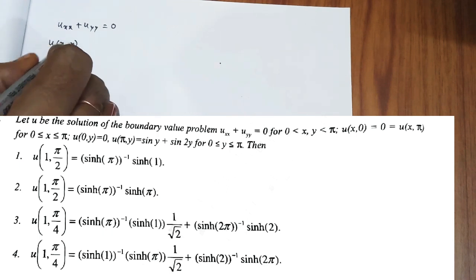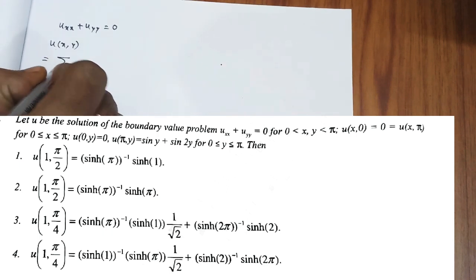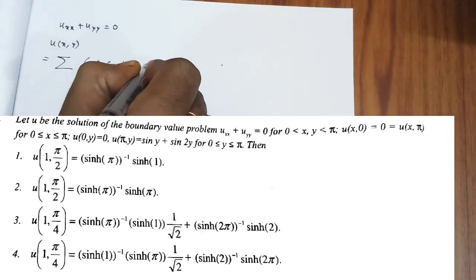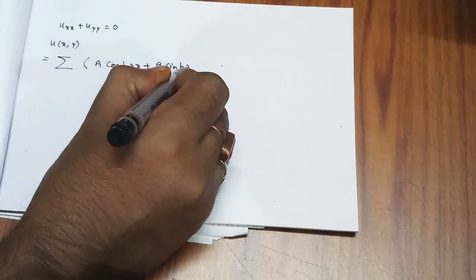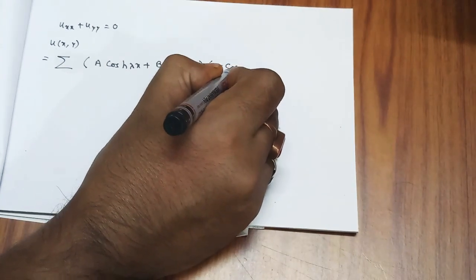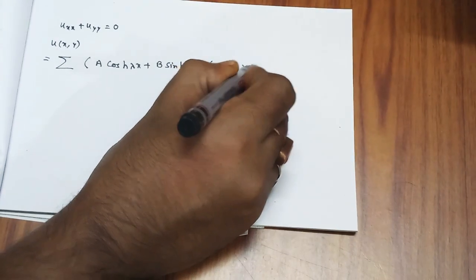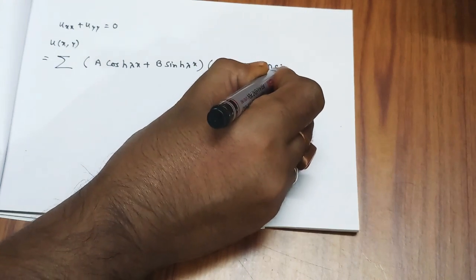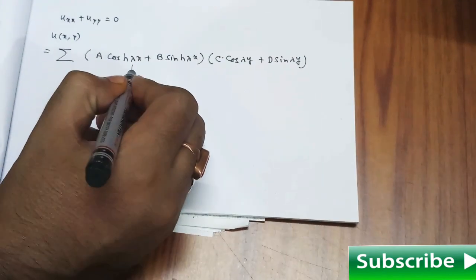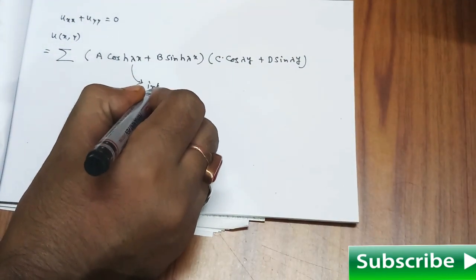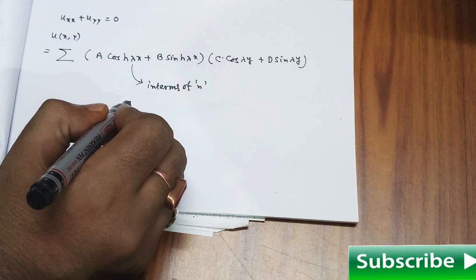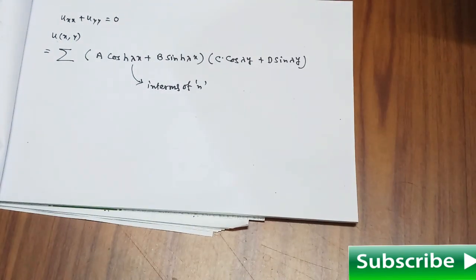It is the general solution and it will be of this form: summation of a cosh(lambda x) plus b sinh(lambda x), into c cos(lambda y) plus d sin(lambda y), where these lambdas are in terms of n, which will be cleared after subsequent treatment.